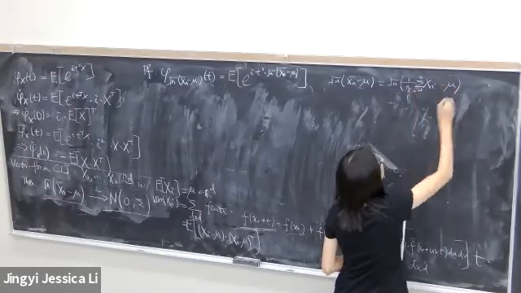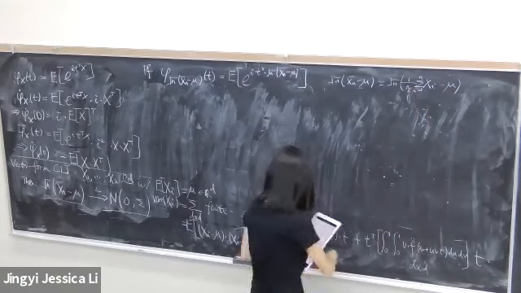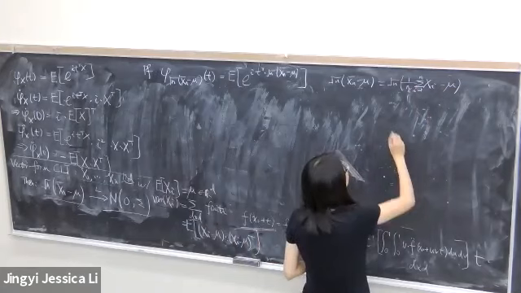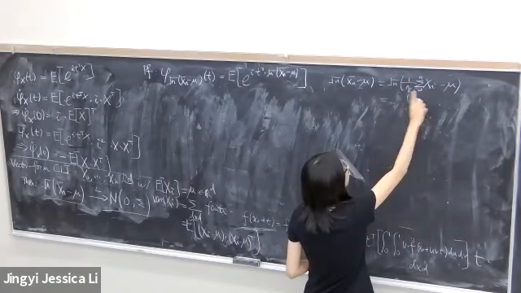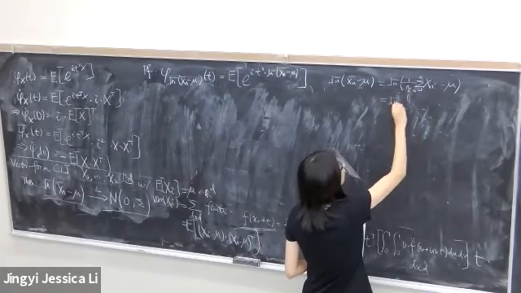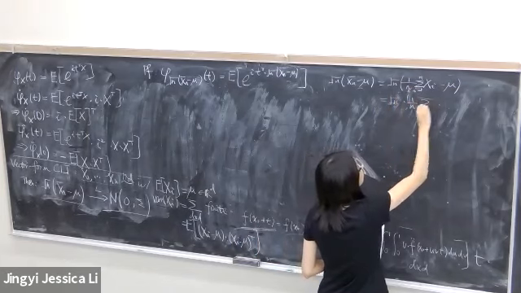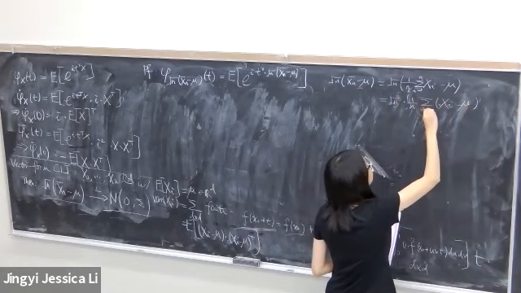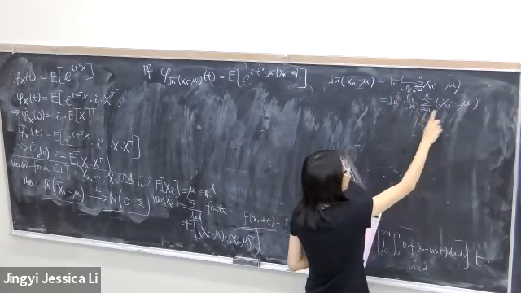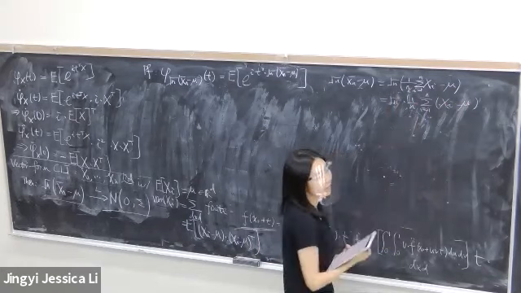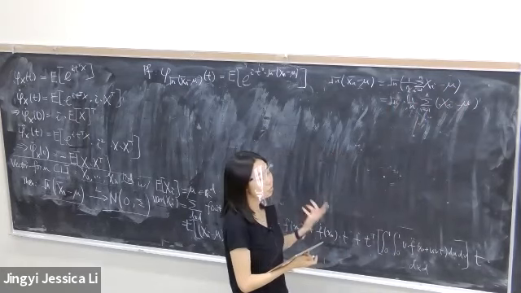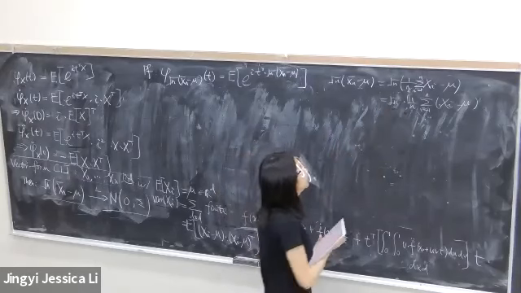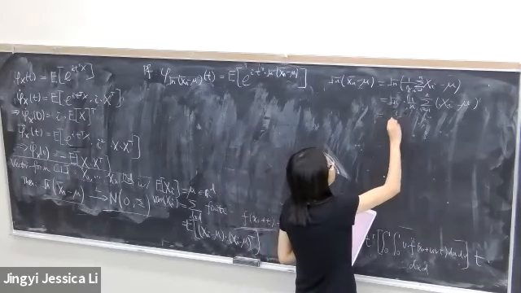minus mu. Furthermore, for this summation, I can write it as Xi minus mu, putting mu in the sum, because otherwise I would have minus n mu divided by n. It's the same. I write it this way because I want some cancellation here. So it's basically 1 over root n summation.